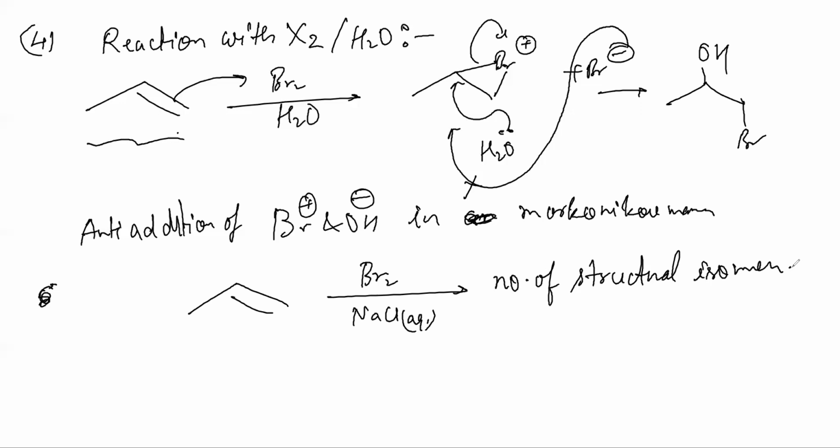Think and answer. See, the mechanism is in front of you. Again, I'm telling you, one Br will be captured, and people will help. No, I told you, structural isomers only. Sir, 2. How? So one Br can go help, or sometimes Cl can also go help.